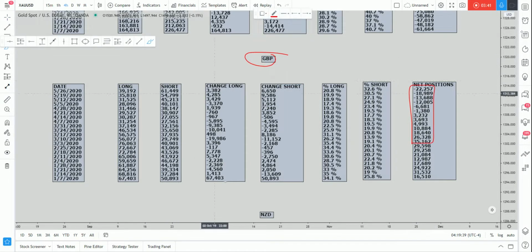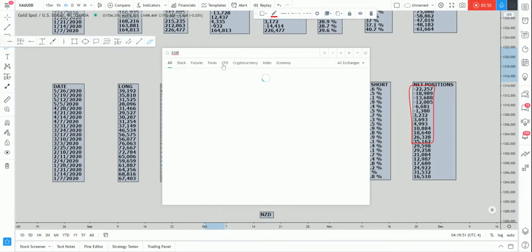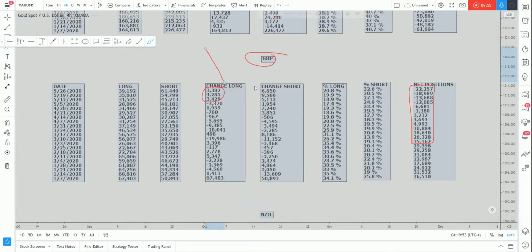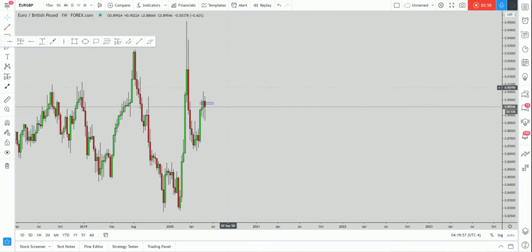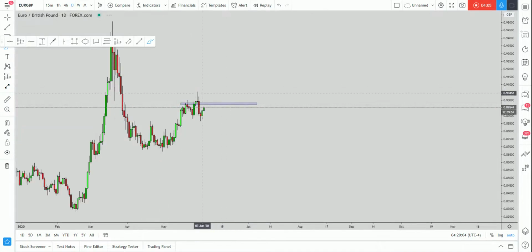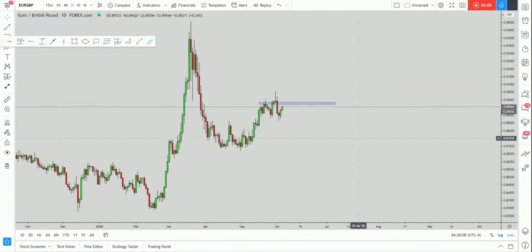But again, lately we have seen some longing, therefore we can expect a retracement in the weakness of the pound, meaning pound can get a little bit stronger in the short term, which means Euro GBP can definitely complete the pattern both from a weekly and daily perspective to the downside. So basically completing the W formation from a weekly perspective and completing the impulse correction and impulse pattern to the downside from a daily perspective.